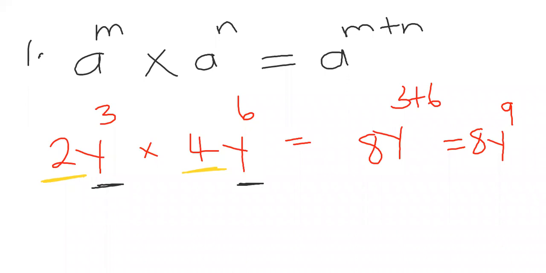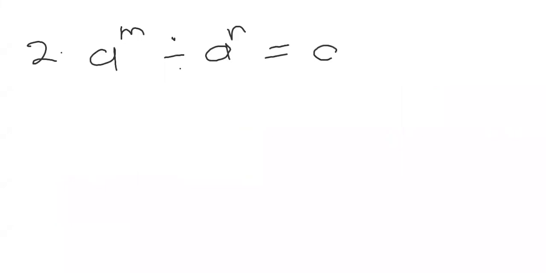Now, let's go to the second rule. The second rule says, if you have a to the power m and you are dividing it by a to the power n, then you should get a to the power m minus n. Now, we can look at these indices.